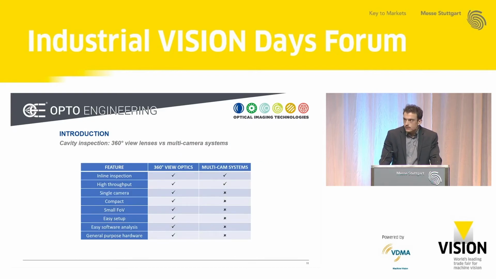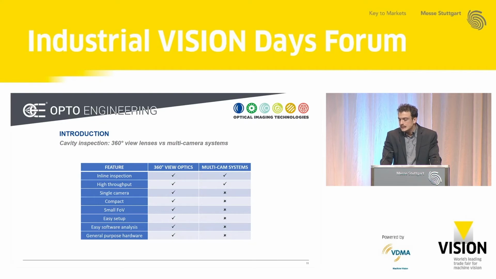The main advantage that I already mentioned before of 360-degree view lenses is that they are designed to acquire a single image, so using a single camera. And this is very important when you compare them with more traditional solutions such as multi-camera systems.